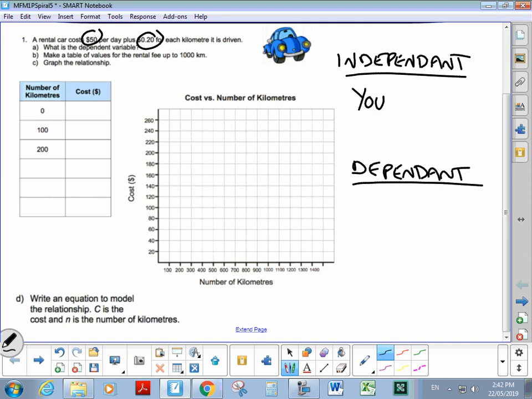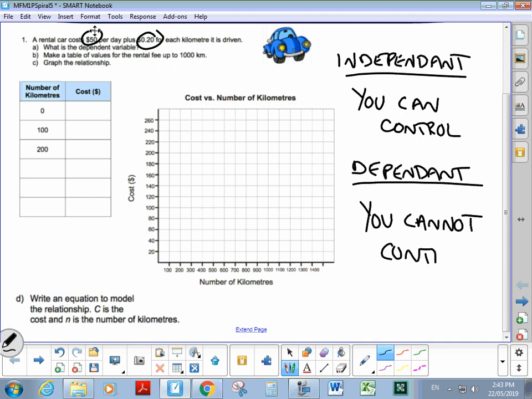I keep it simple. Whereas dependent, you cannot control. It depends on what happens.